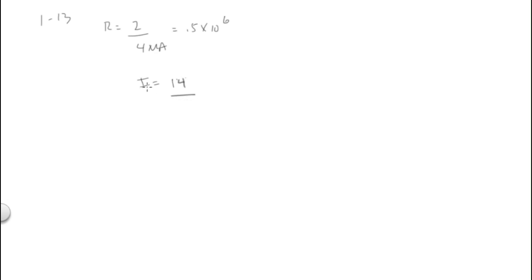So it's I is V over R, 0.5 times 10 to the 6th. So it's 14 divided by 0.5 equals 28 times 10 to the minus 6th. Okay. So we have 28 microamps. That's 13.